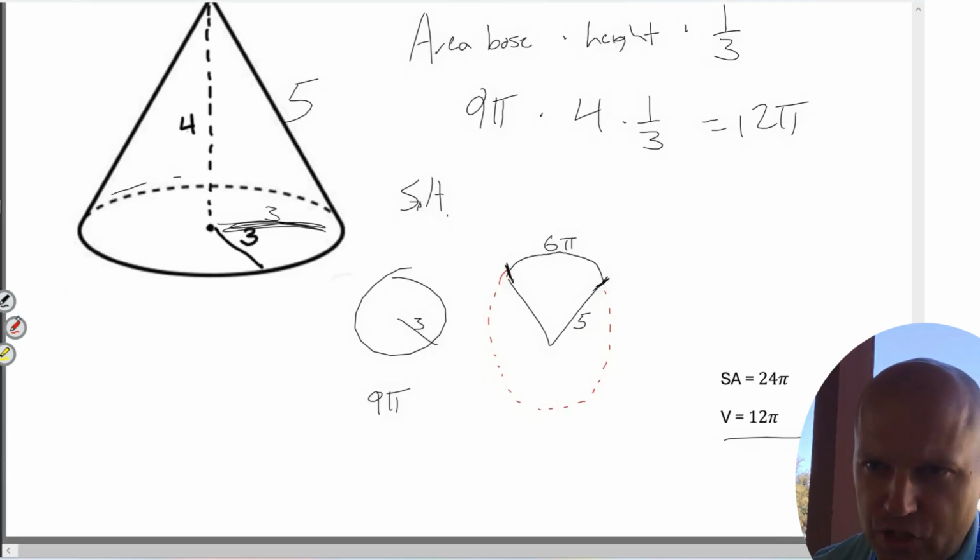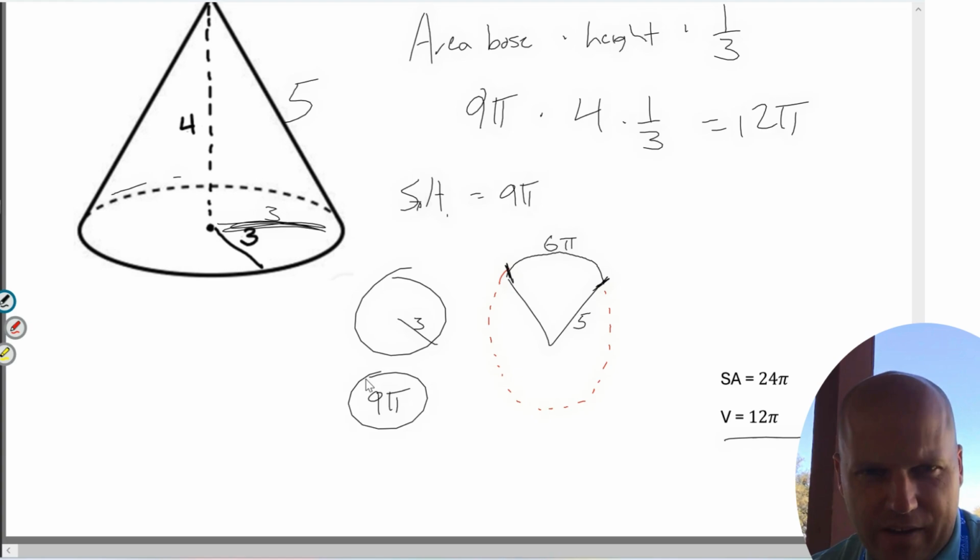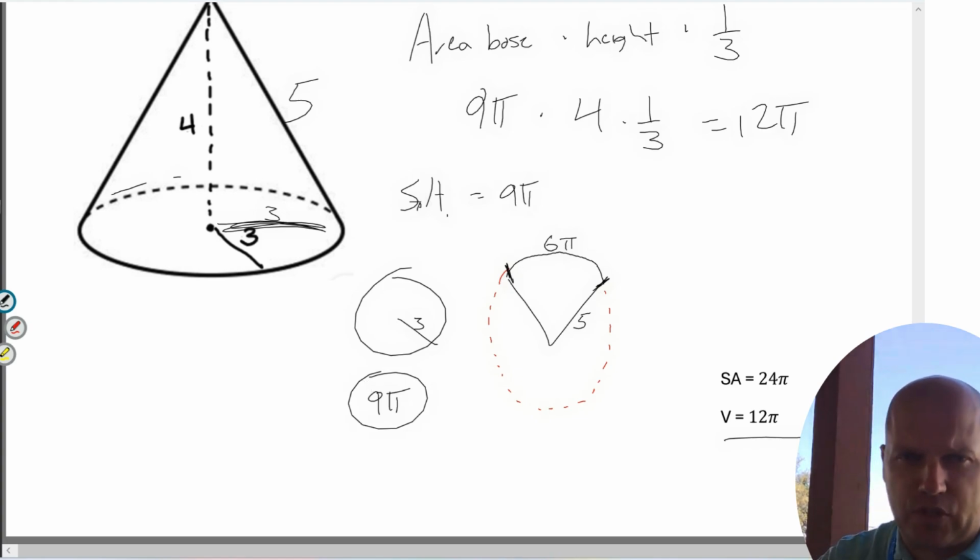Now, for the surface area, I'm going to start with my 9 pi here. But now I need the area of this portion of the circle. Well, the entire big circle has an area of 25 pi.